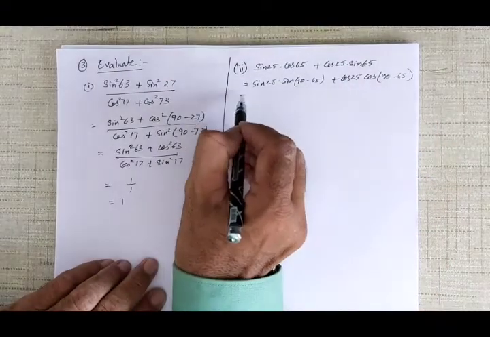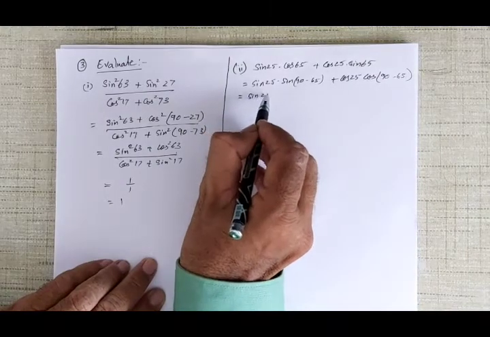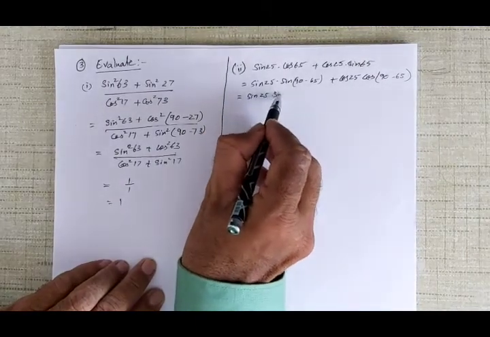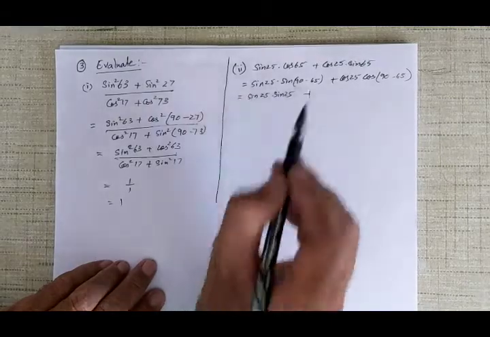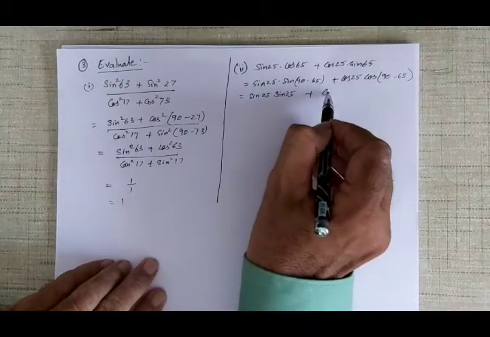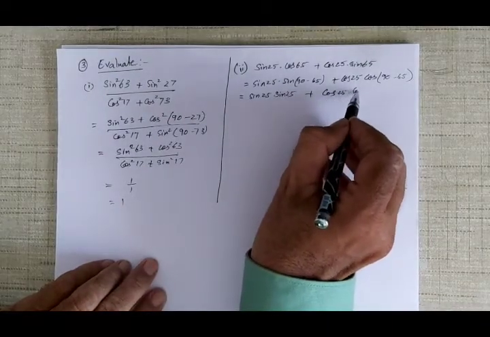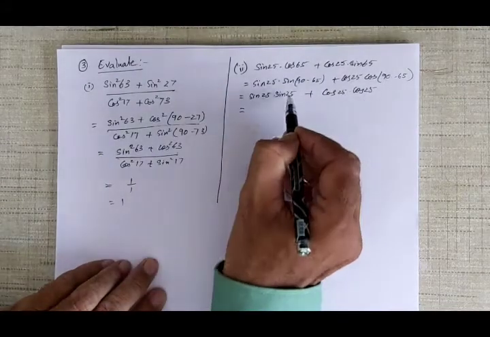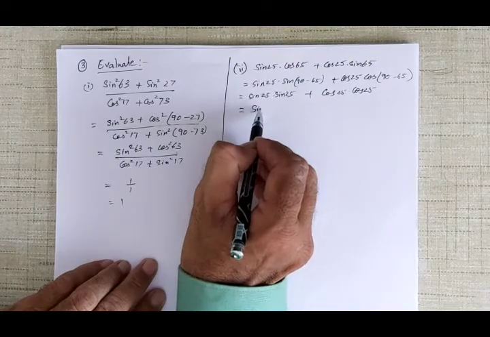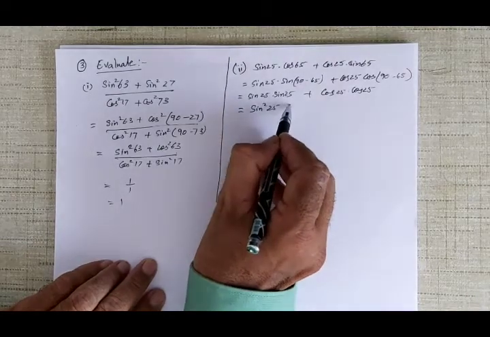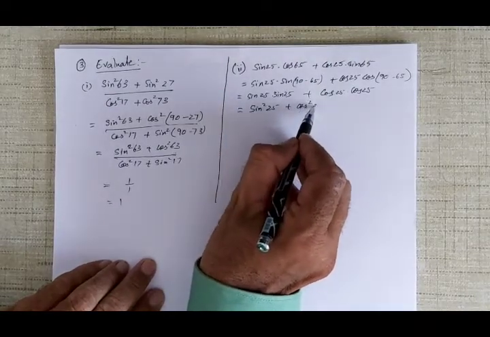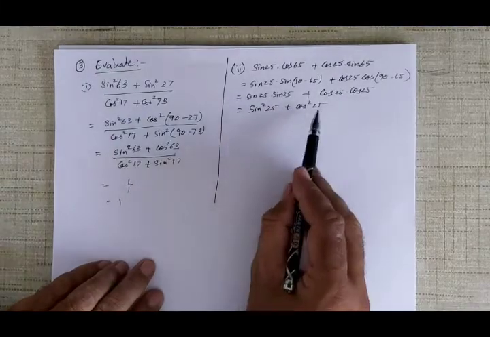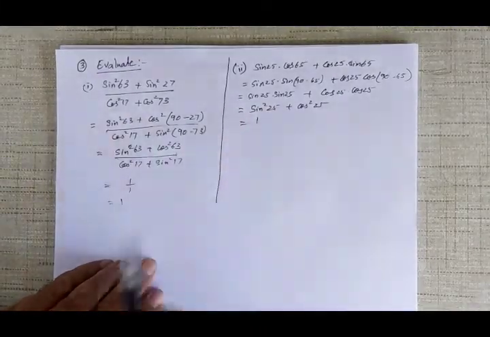So I get here sine 25 into sine 25 plus cos 25 into cos 25. Sine 25 into sine 25 is sine square 25. Cos 25 into cos 25 is cos square 25. Sine square theta plus cos square theta is equal to 1.